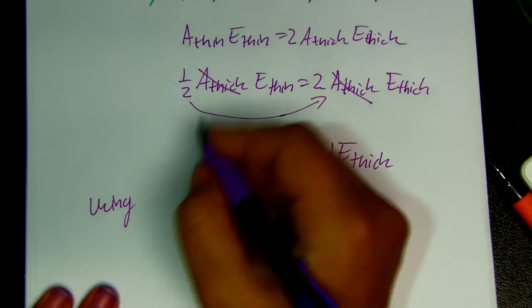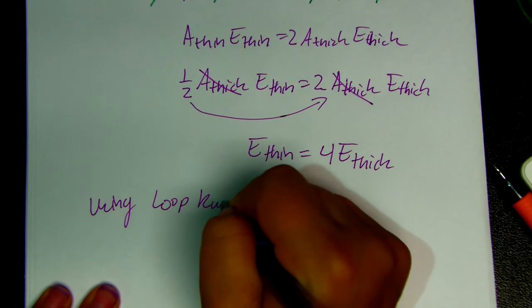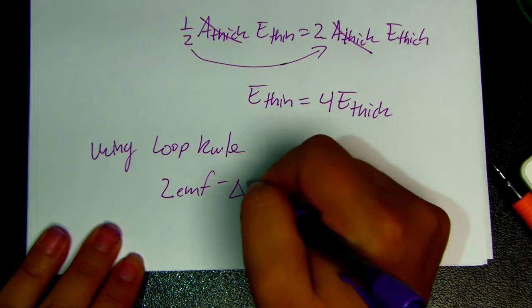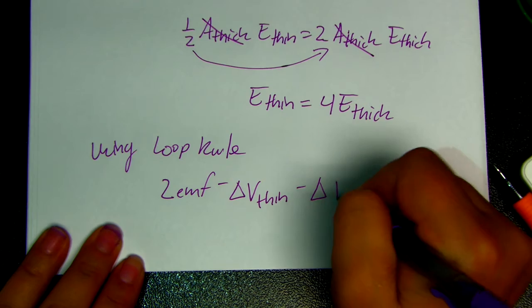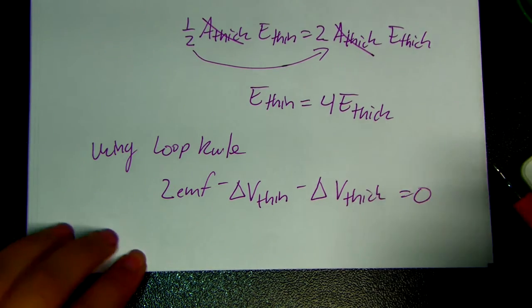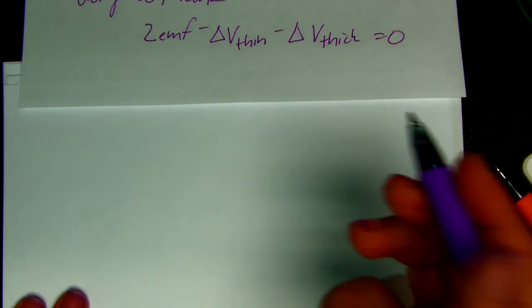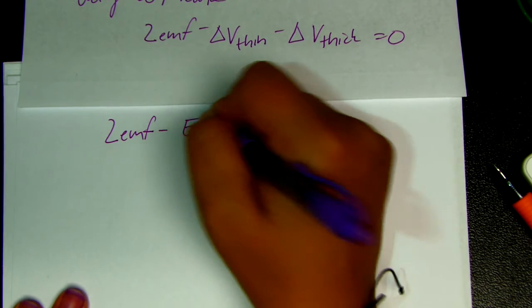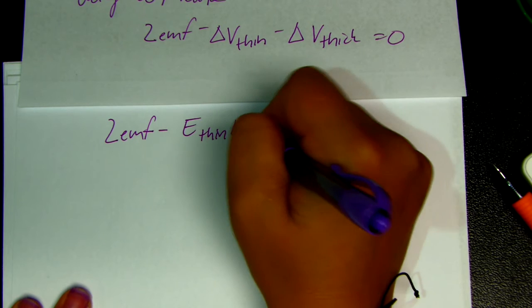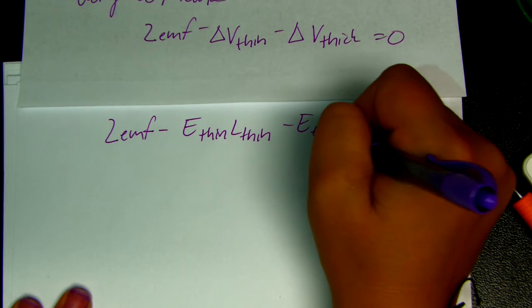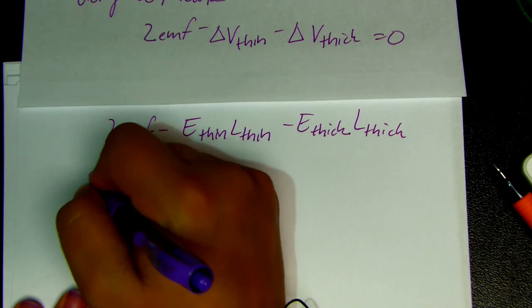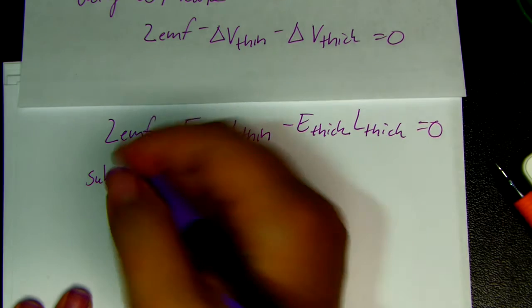So now we need to go into loop rule. We have two batteries, so 2 EMF minus delta V thin minus delta V thick is equal to 0. So we have 2 EMF minus E thin L thin minus E thick L thick, all equal to 0; we're neglecting the other wires.